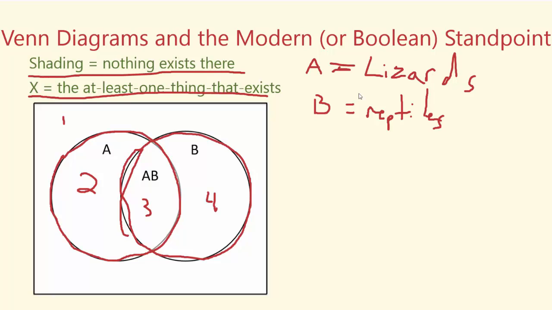Well, we happen to know that all lizards are reptiles. So if we want to give ourselves a visualization of that categorical proposition that all lizards are reptiles, then we have to get rid of the area, that is, we have to shade the area where you have lizards, but they're not within the reptile category.